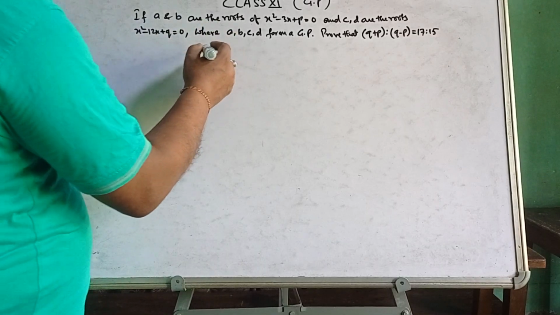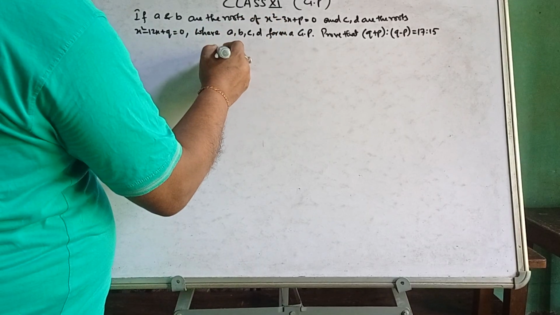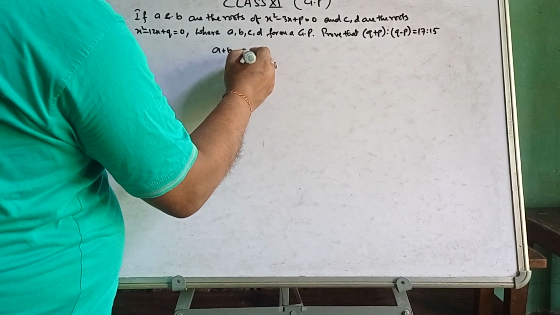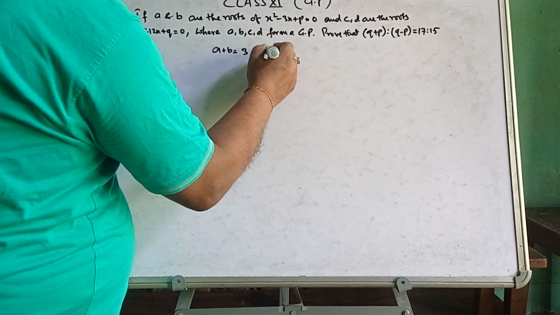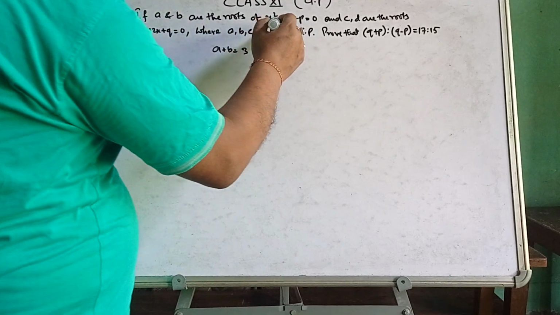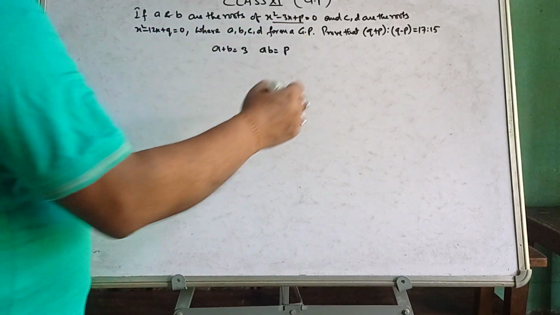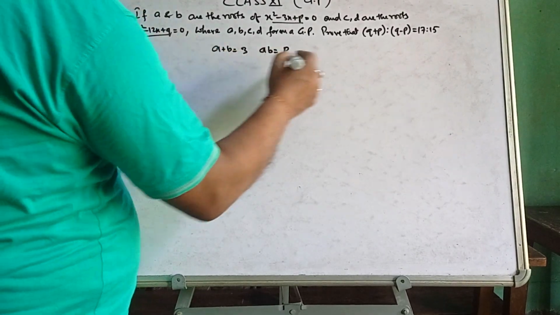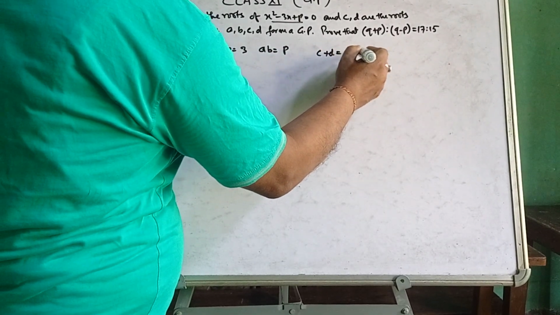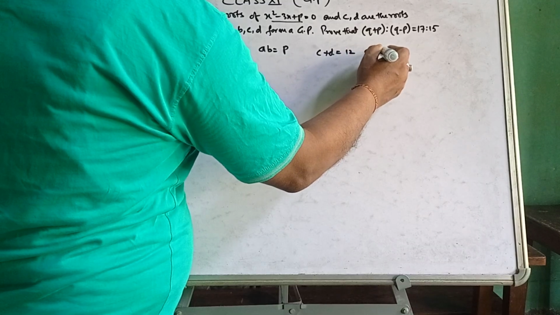Here you see that a and b are the roots, that means a plus b is equal to minus b by a, that will be 3, and a into b, c by a, that will be p for this equation. Similarly, for this equation, your c plus d will be 12 and c into d will be your q.